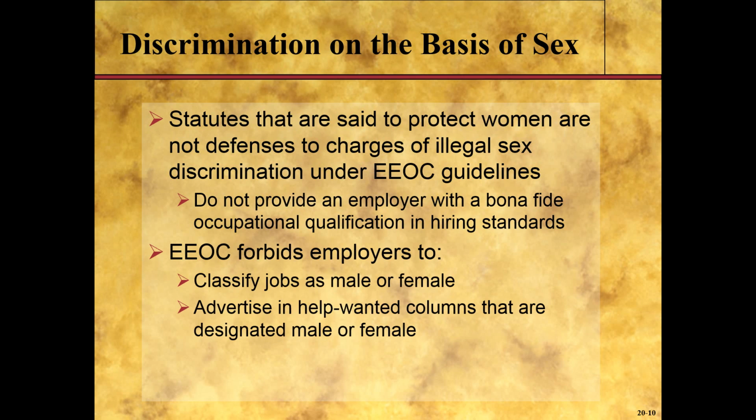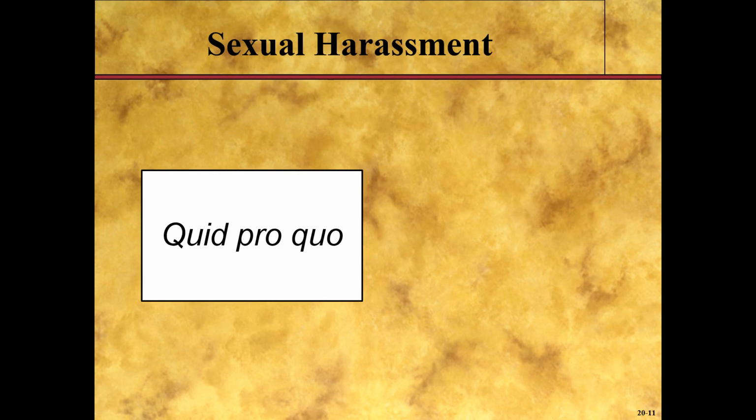So you can't classify jobs as male or female. You can't advertise in the help wanted columns that are designated male and female. Another part of gender discrimination or sex discrimination is sexual harassment. One type of sexual harassment is quid pro quo, which essentially means this for that.